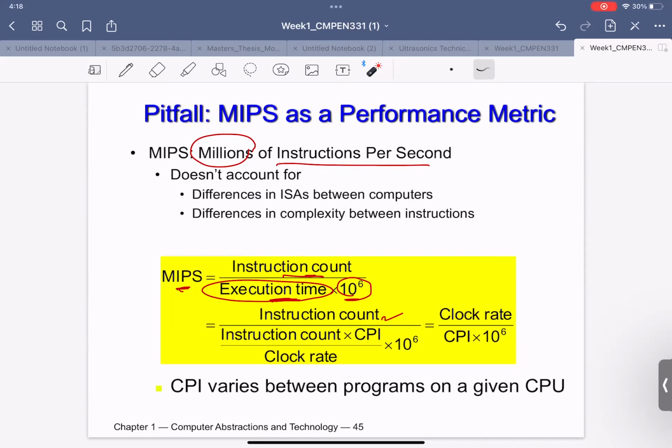But I didn't compare the complexity of each instruction, or take into consideration different CPUs and the difficulties of their instruction set architectures. So it might give me a sense, but it won't be a fair comparison, since CPI varies between programs on a given CPU, and also between CPUs, the instruction set architecture is not exactly the same.